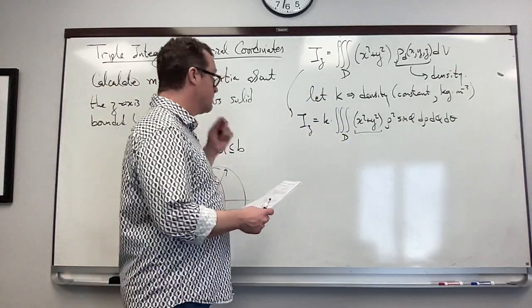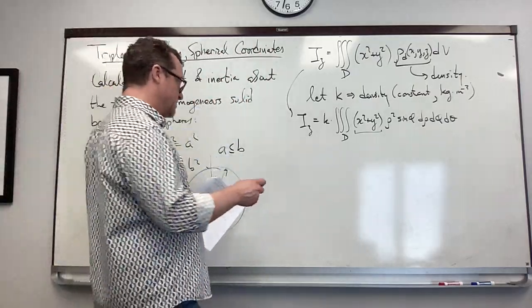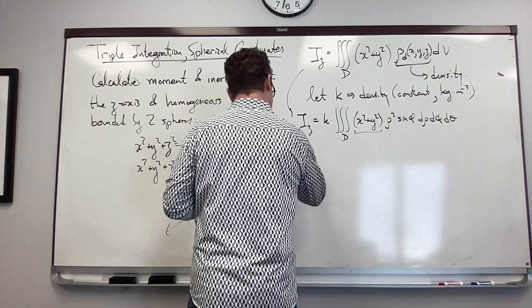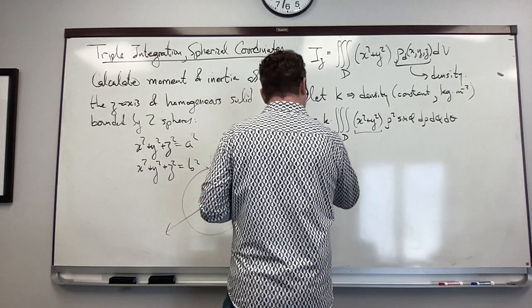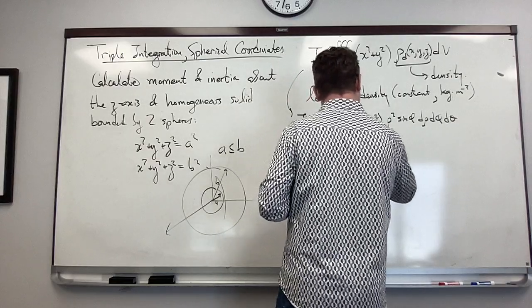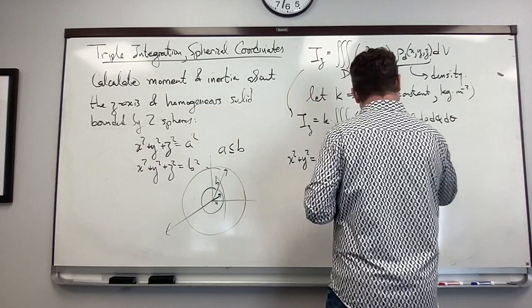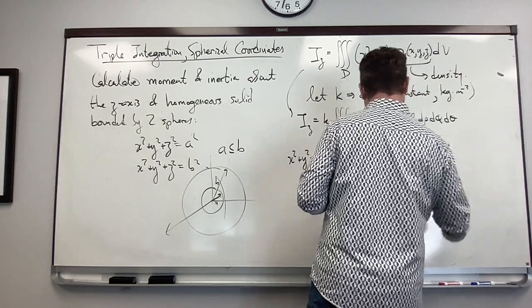Converting those to spherical, there's a couple of ways. You could actually do it by inspection, but let's just do it slowly. Let's say x squared plus y squared. If we look at the conversions that we had, that was rho sine phi cos theta, squared, plus rho sine phi sine theta, squared.